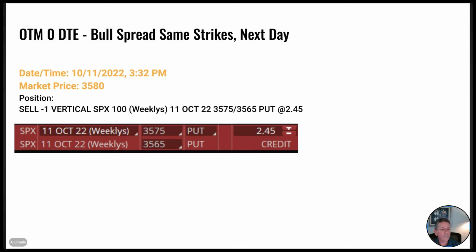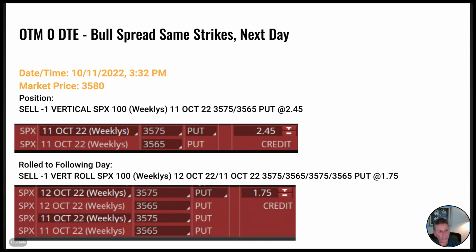All right, so here we've got one vertical. Now it's threatened, which is 2.45%, right? The market price is 35.80, and you're five points away from that position.